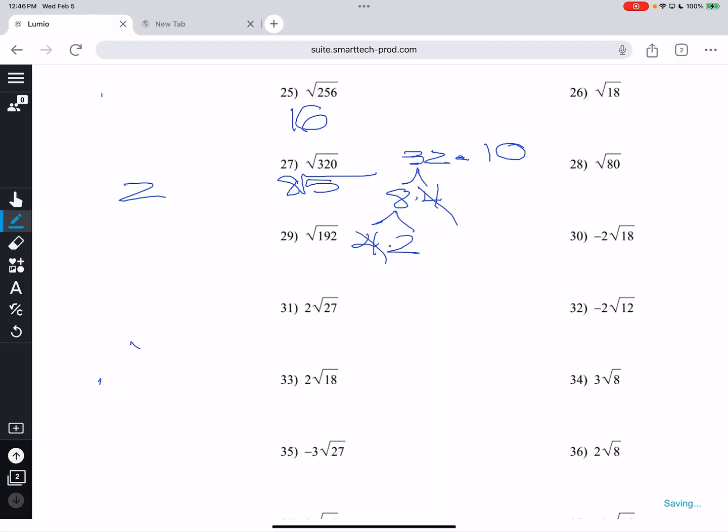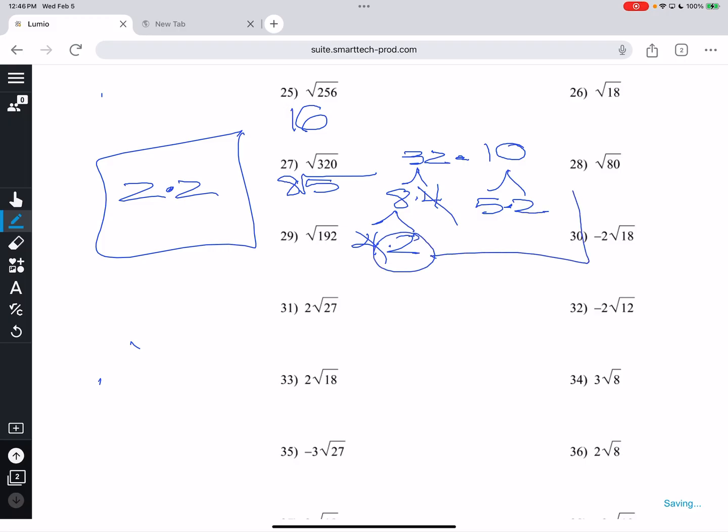The 4 comes out as a 2. 10 is 5 times 2. Here is a 2, and here is another 2, so they're 4, so they come out as a 2. And then you're left with the 5. So 2 times 2 is 4, times 2 is 8, radical 5.